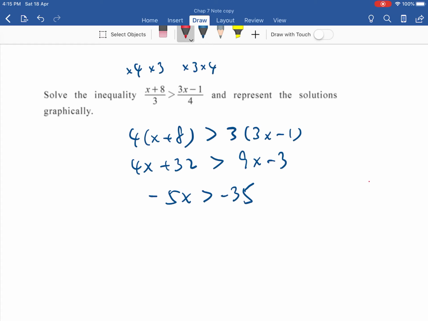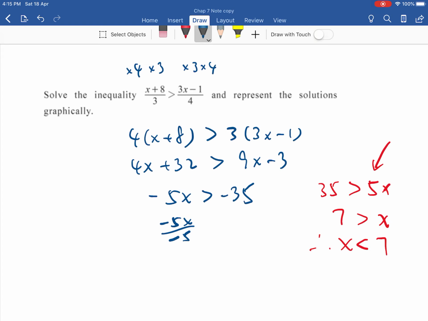But most often I do it this way: I move 5x to the right hand side to make sure that x has a positive coefficient, therefore 35 is greater than 5x, therefore x is less than 7. If you do it the other way, you divide by minus 5.